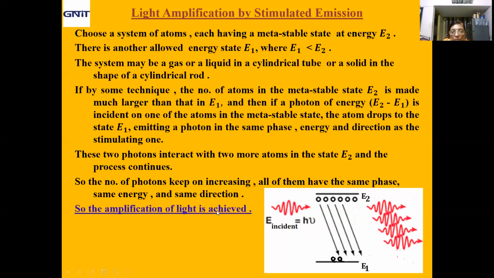Simply amplification of light is achieved. This is called light amplification because the photon is the quantum of light energy and the photon number increases, maintaining the energy, frequency, wavelength, phase, and direction. So this is nothing but the amplification of light.